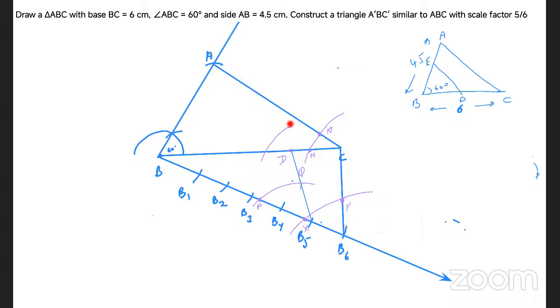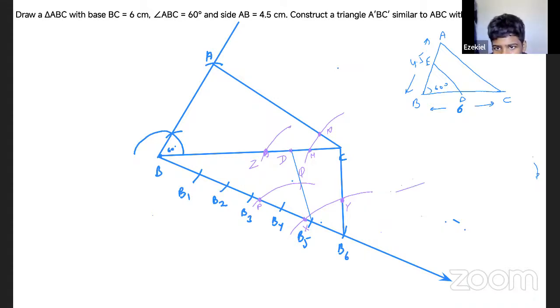Now, measure MN here, and we'll call it Z. So put the tip of the compass on Z, and then just cut an arc. Z for zebra.